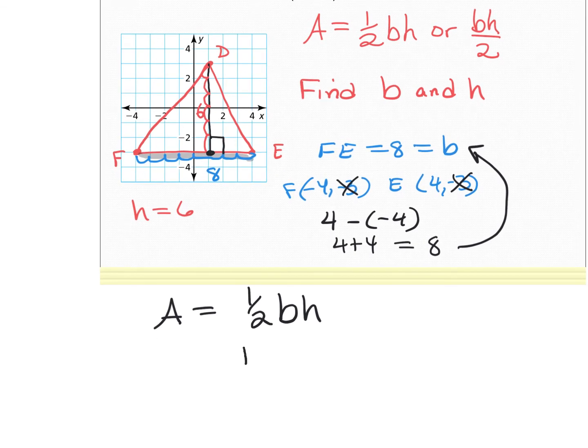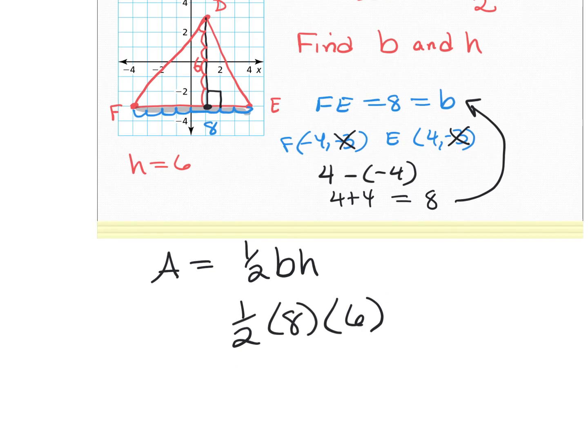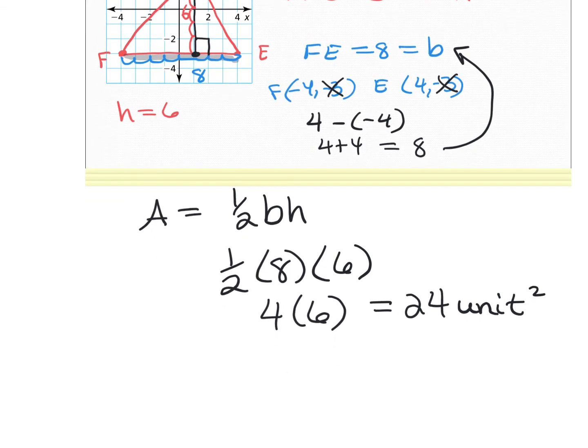My base was 8, my height is 6, and now I'll multiply that straight across. Half of 8 is 4 times 6 gives me 24, and units on area questions are going to be squared. So you can either write it like that, or you could write it as square units, either way.